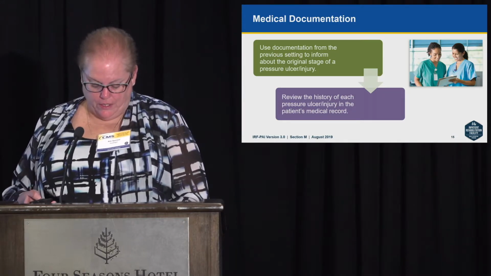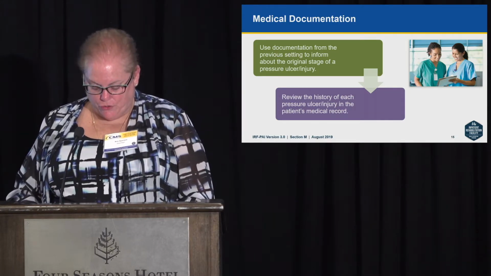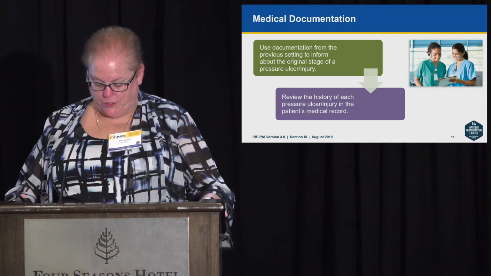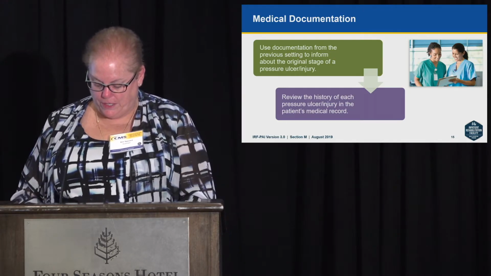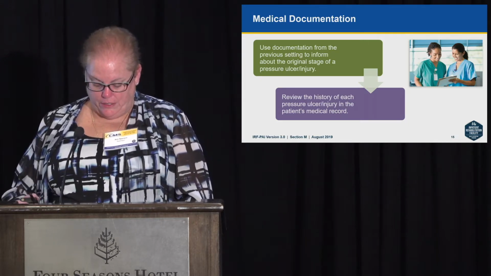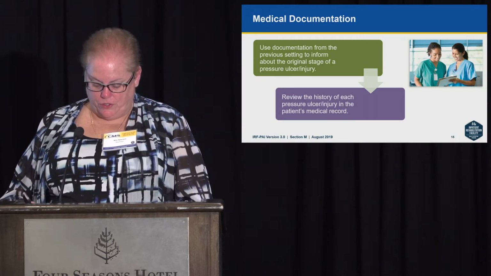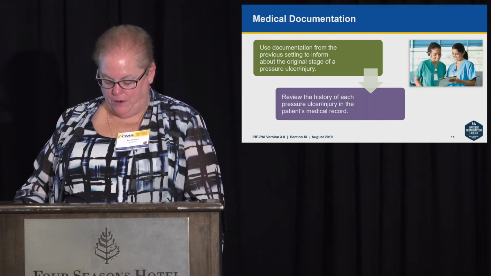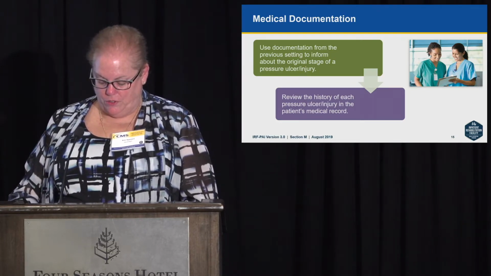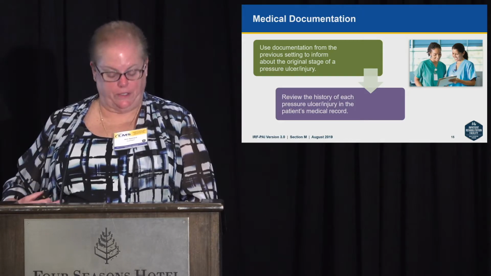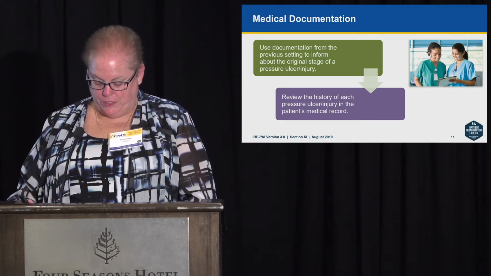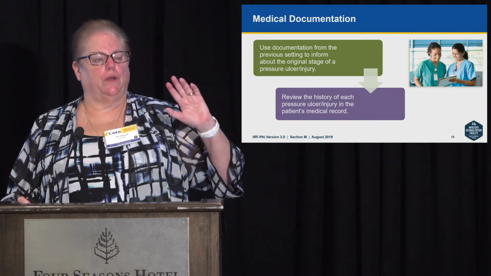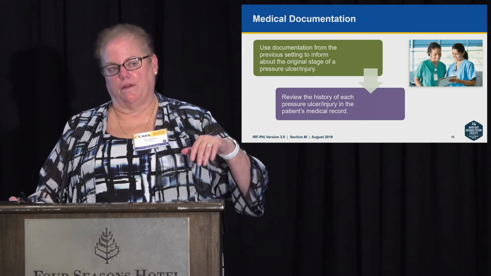Okay. If the pressure ulcer or injury that is unstageable due to being covered by a non-removable dressing or device, or due to being covered by slough or eschar, is observed on admission to the IRF, subsequently becomes numerically stageable, compare the numeric stage to the numeric stage prior to becoming unstageable, if the documentation is available. So, okay, they came to you and now that wound is covered with slough and eschar.